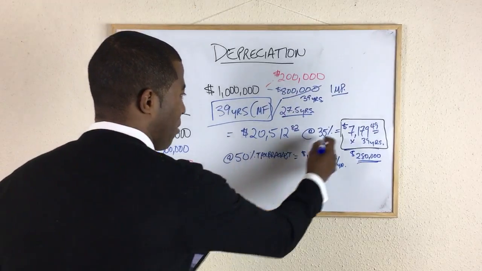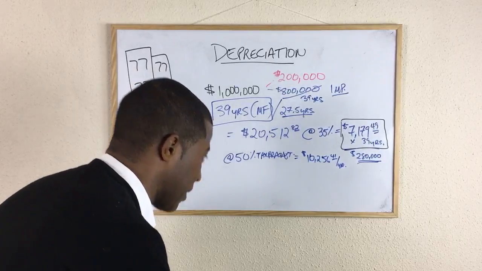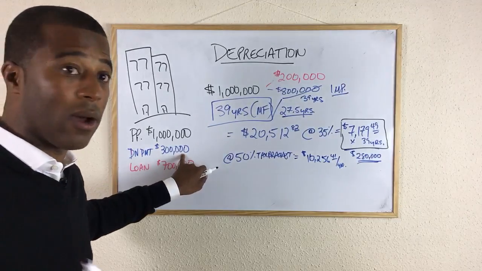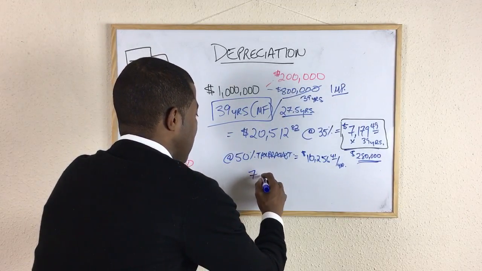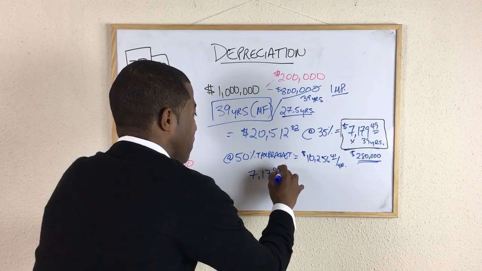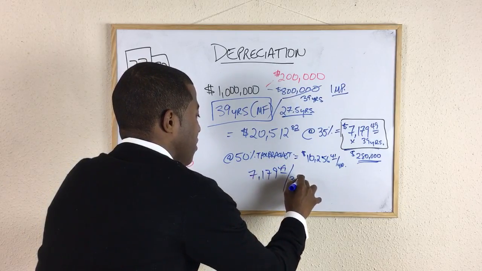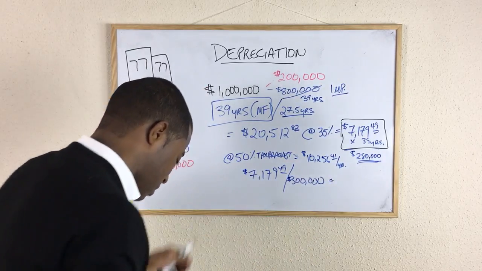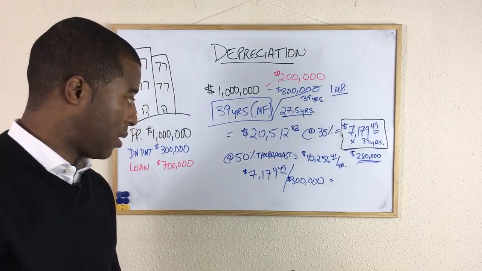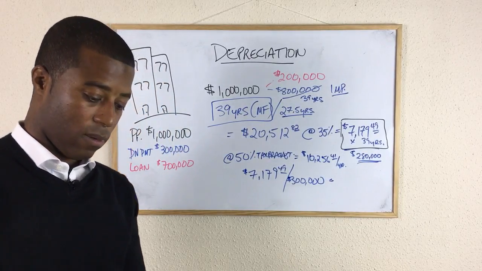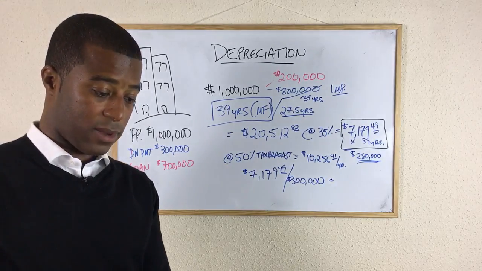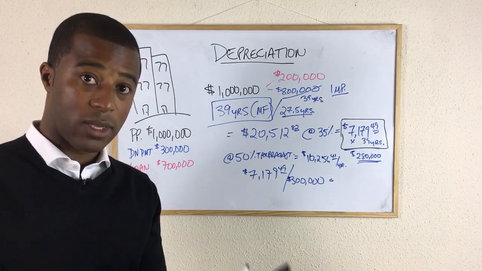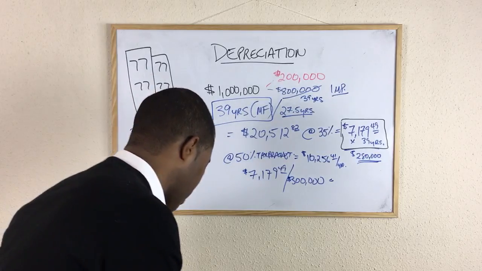But let's go back to our previous example at the 35% tax bracket. And let's also think about the amount of money that you put down in this specific example. We'll take $7,179.49 divided by the $300,000 that was the down payment, which was your actual cash. That would leave a return in this specific area of 2.39%.